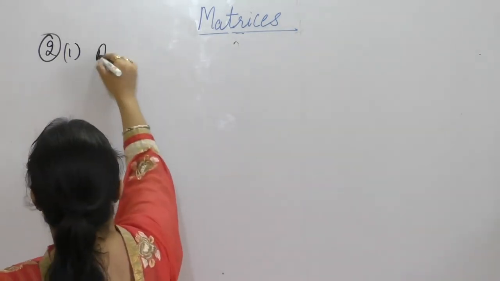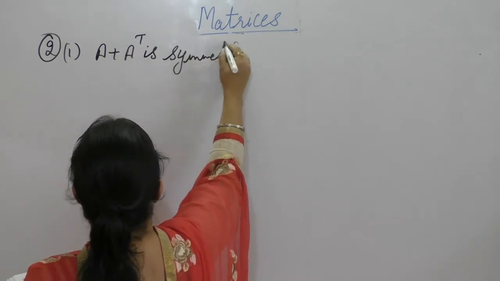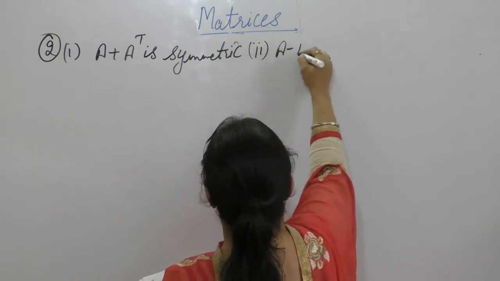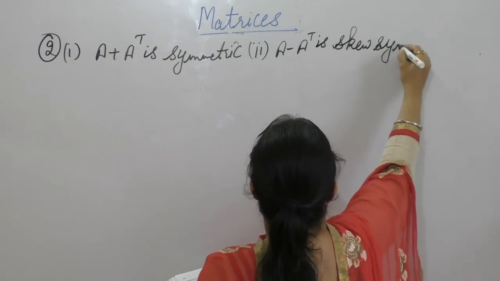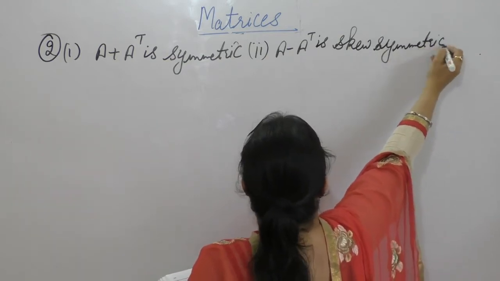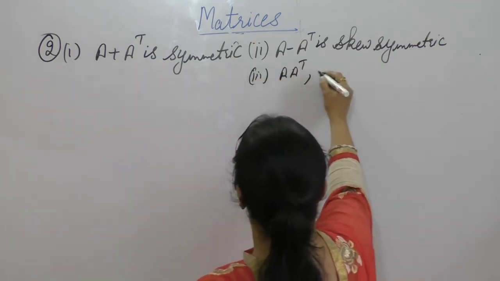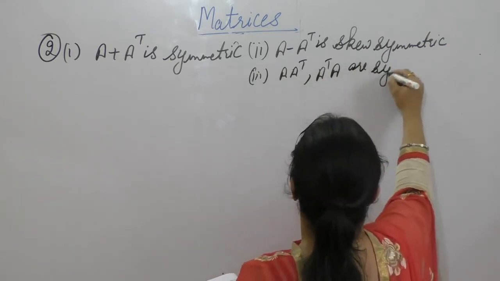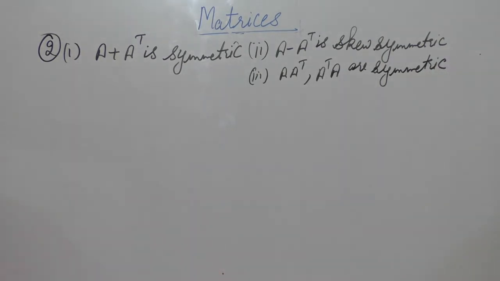Then A plus A transpose is symmetric, A minus A transpose is a skew symmetric matrix, and A into A transpose and A transpose into A are symmetric matrices. A is a square matrix, and we have to prove this.